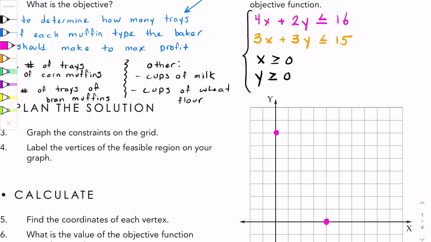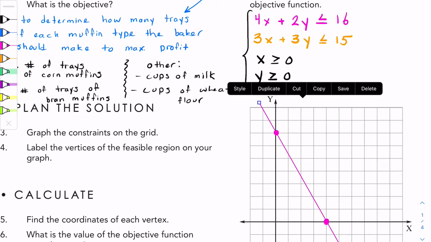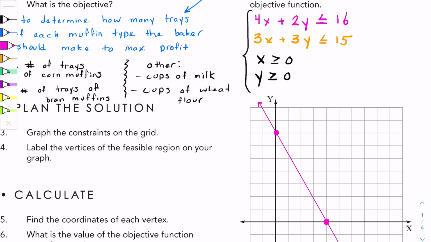All right, so we have our x and y-intercept graphed for the first equation. I'm going to connect these points. And I'm going to note to myself that I'm shading below this line. I'll do that after, but I know I'm going to be shading under. I'm going to include 0, 0.